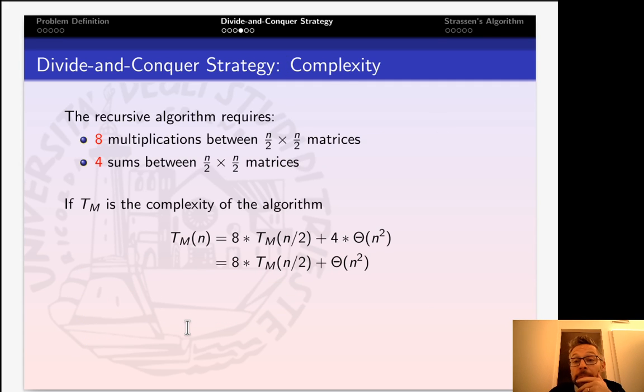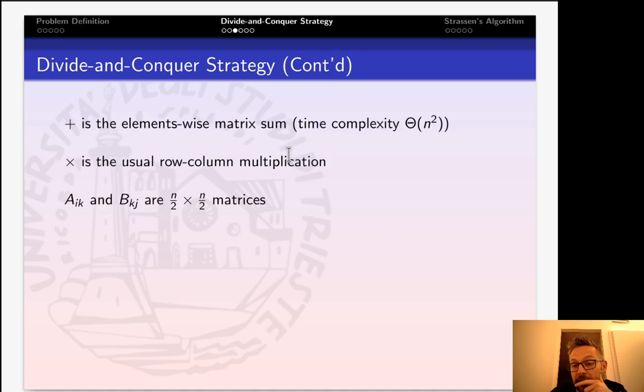Now, what's the complexity of performing this operation? We need 8 multiplications between blocks. Why 8 multiplications?